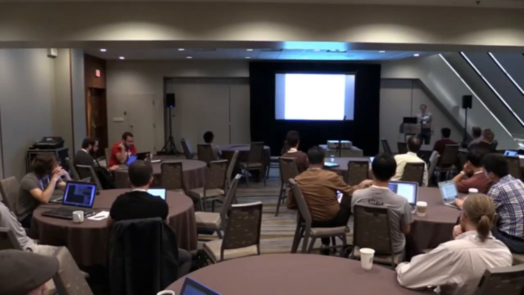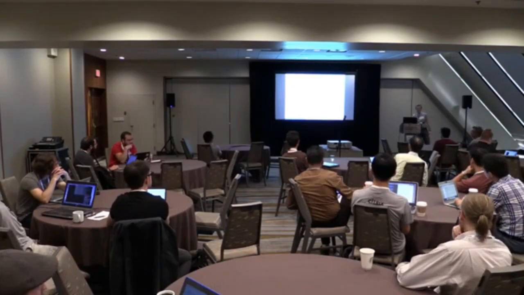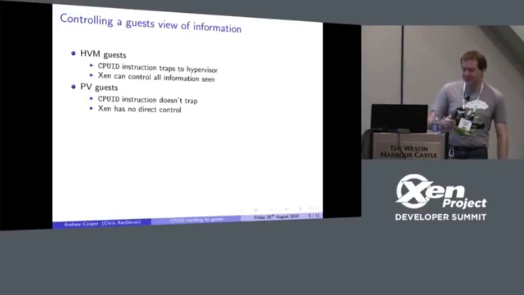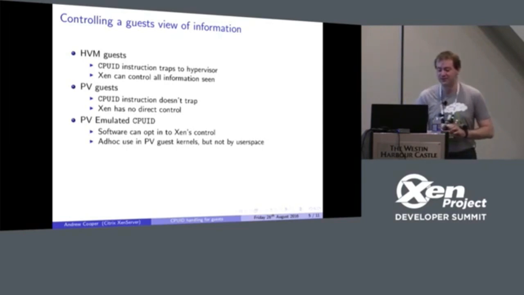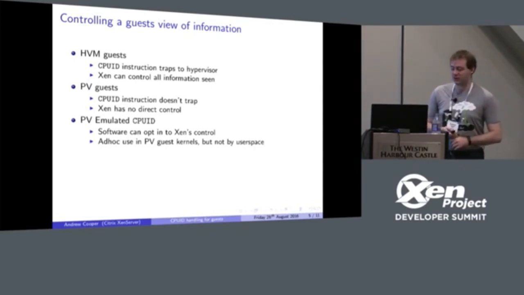Yeah, it's there. I'm getting to that. So one option that's available is the emulated CPUID, where a guest voluntarily traps into the hypervisor and asks for some mistruths. That's great. The software that knows about it can opt in.